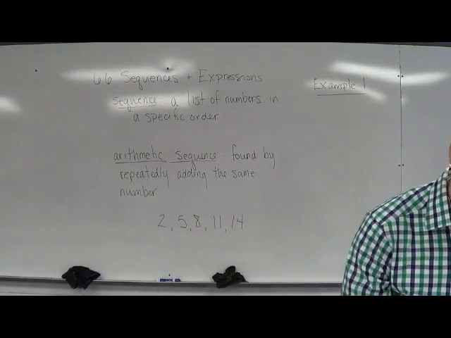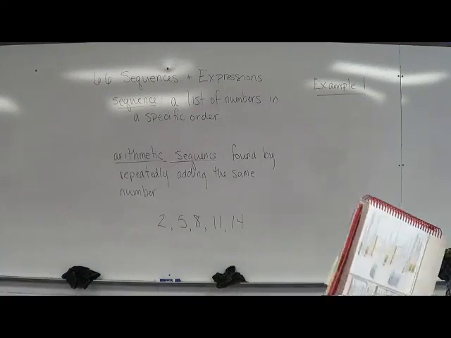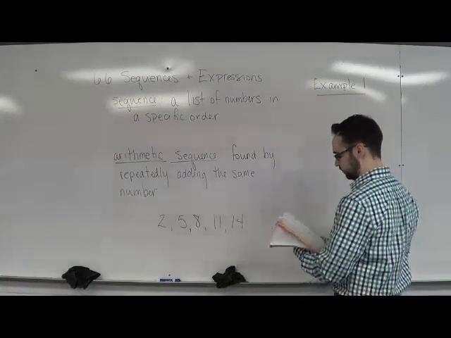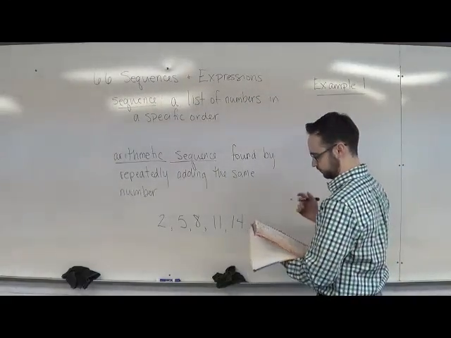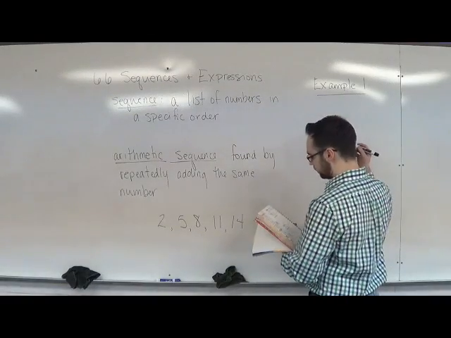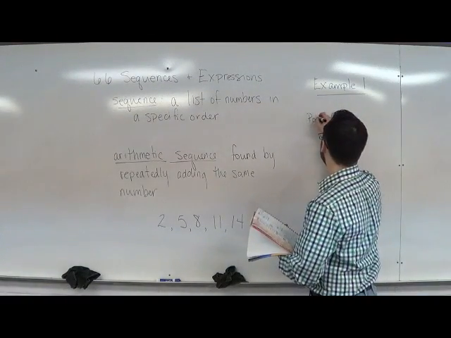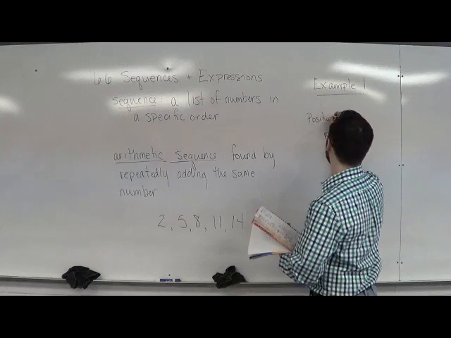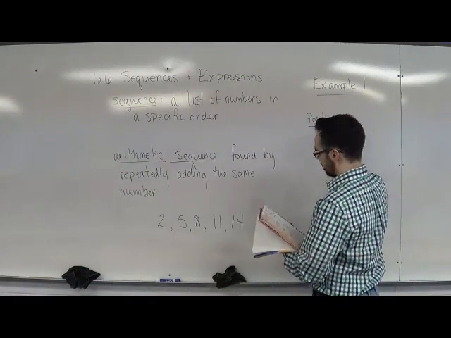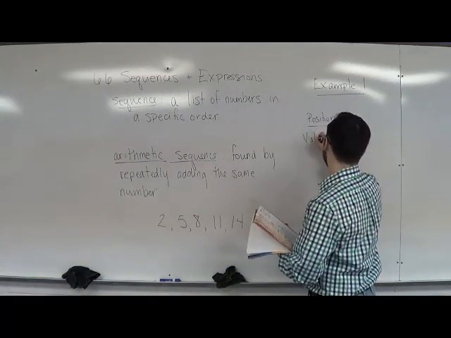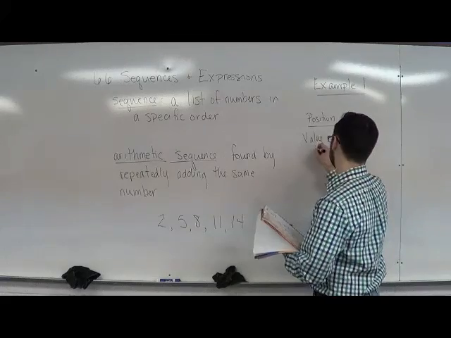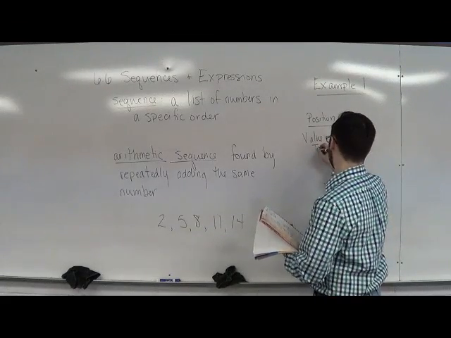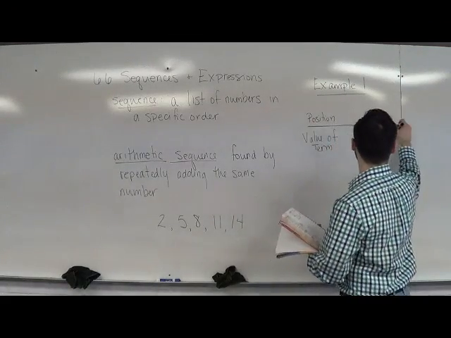So what we're going to do is first draw this table. So we have position, and we have value of term. We're going to create a little table with these two things here.